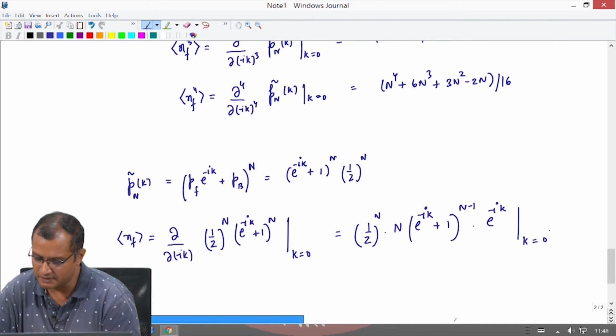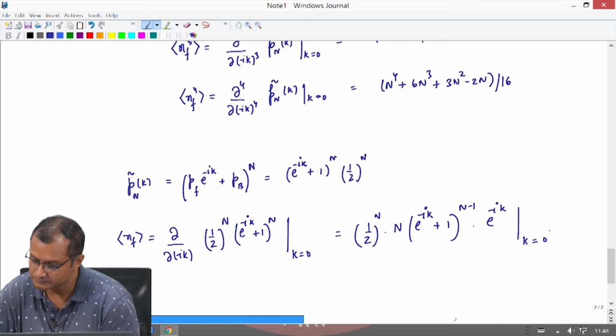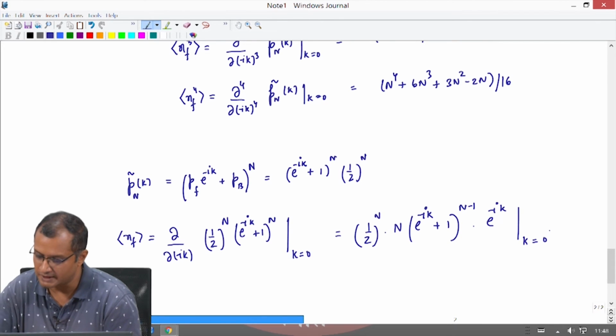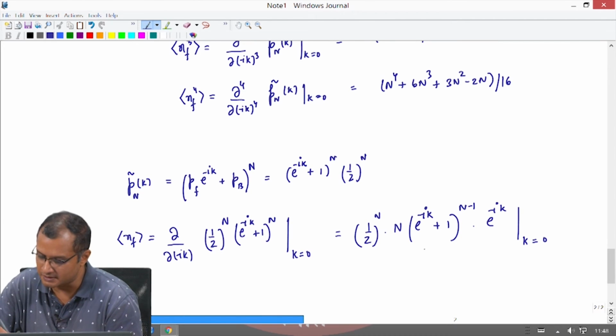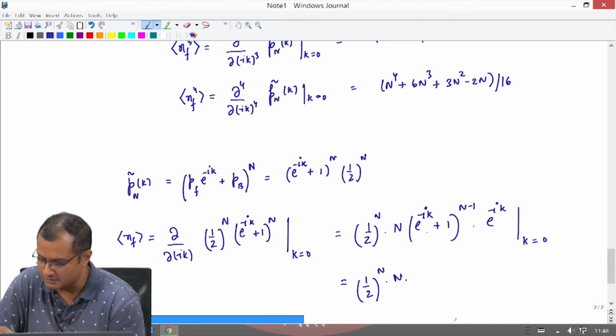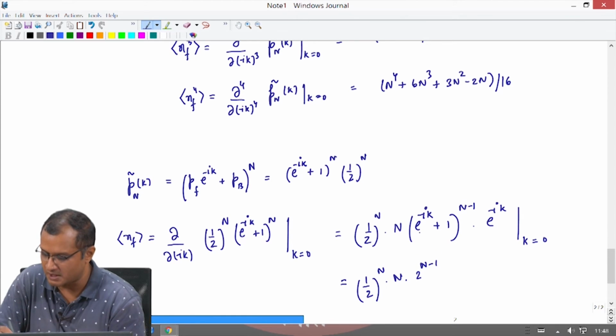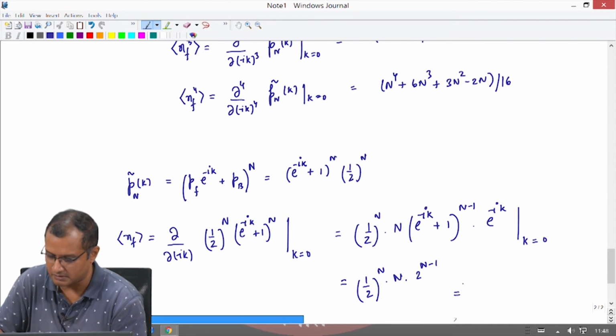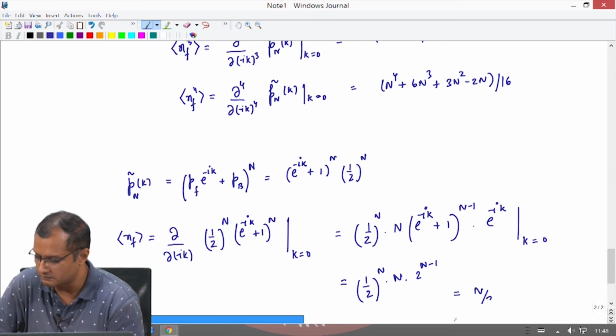So, at k equal to 0, this simply becomes 1 by 2 to the power n into this becomes 2 raised to n minus 1, because this is 1, this is 1, this is 2, 2 raised to n minus 1, and that is nothing but n by 2. Fine.